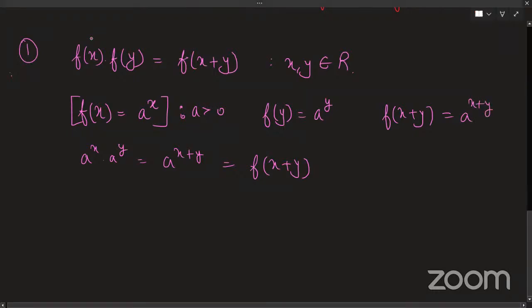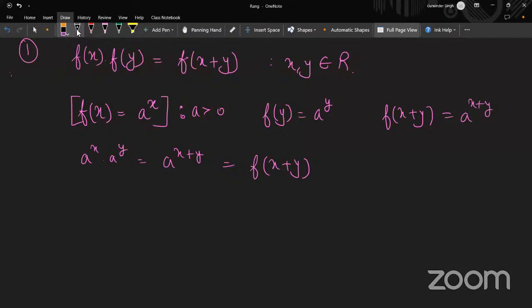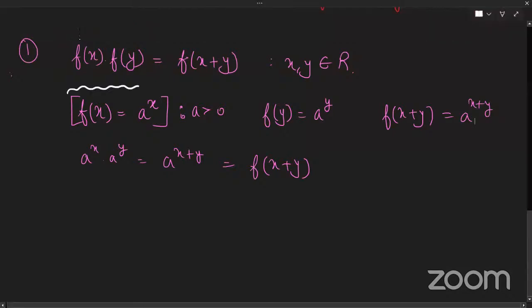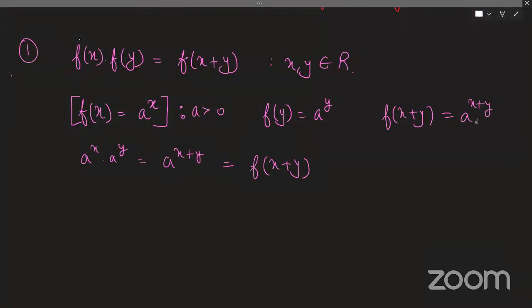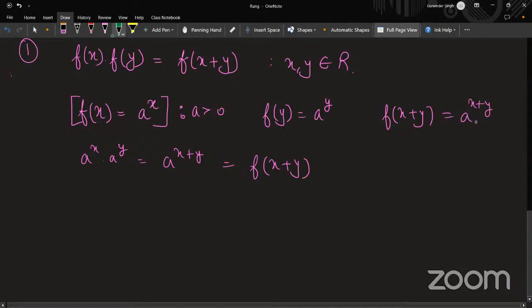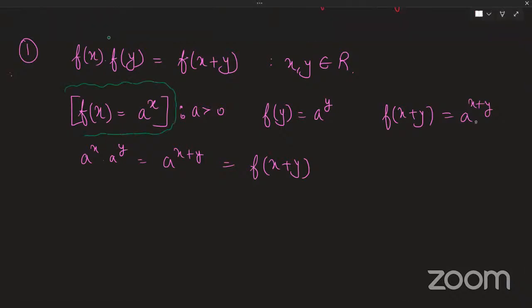So f of x equal to a raised to x is the solution of this equation. A is any constant. The value of the constant will be found later based on some other conditions given to you.